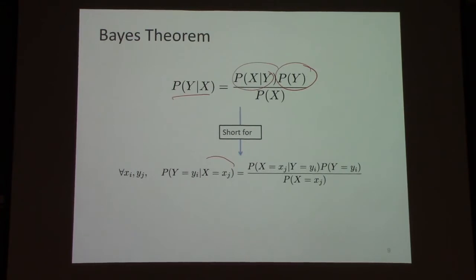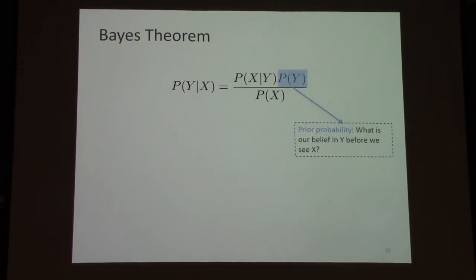Let's analyze this a little bit. Let's say that we care about the probability that an event Y has happened, knowing that some other event X has happened. That's what we care about. And what we have at our disposal are the following devices. We have something called the prior probability.